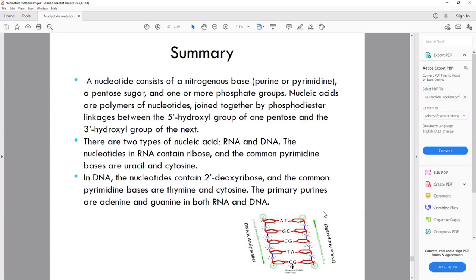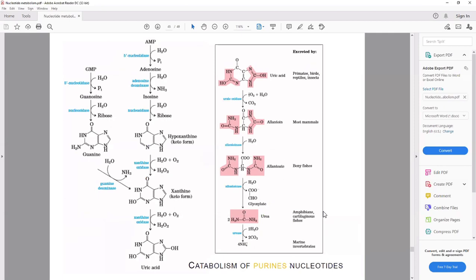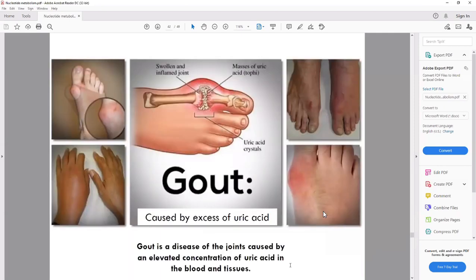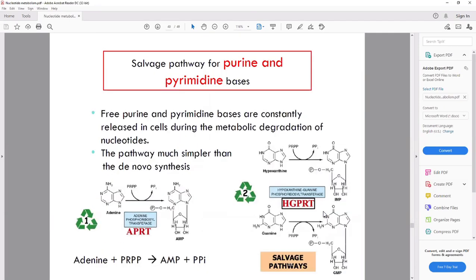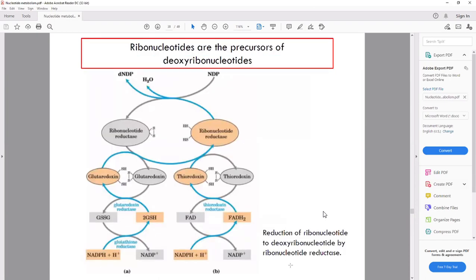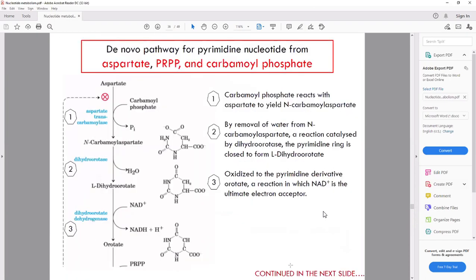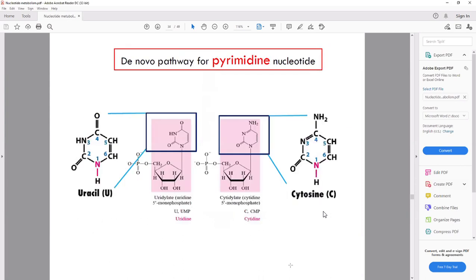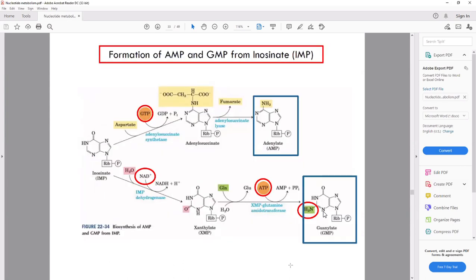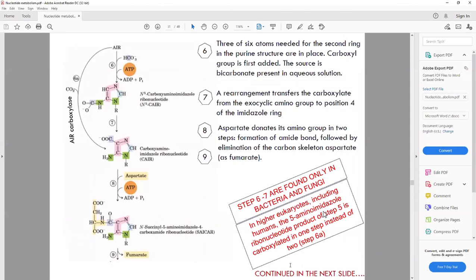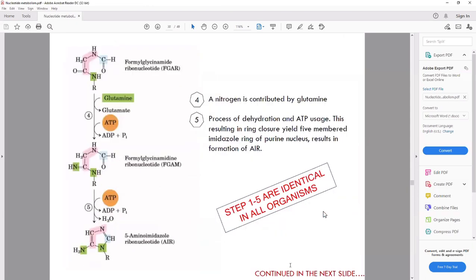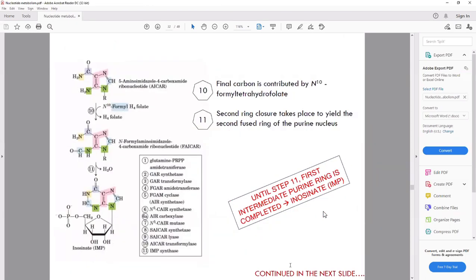Okay, adenosine monophosphate. Let's go back to AMP. So this is your AMP, adenosine monophosphate. The first question I asked just now, what are purines?